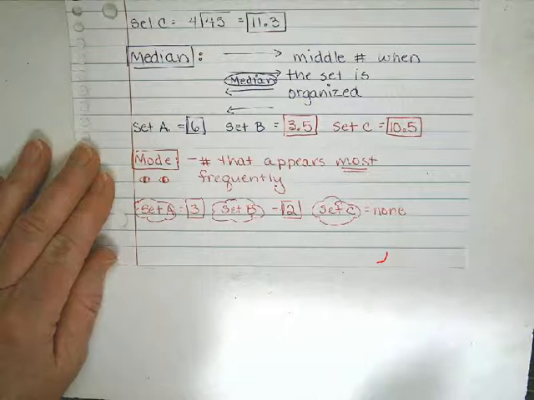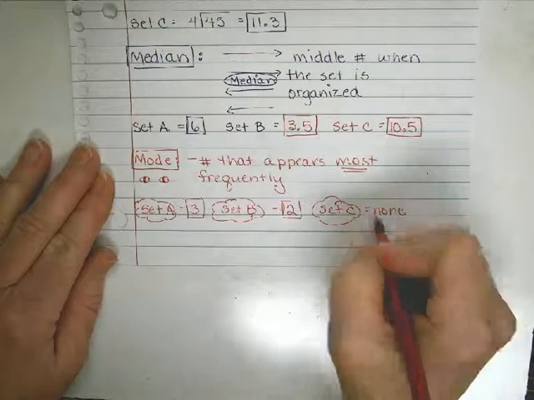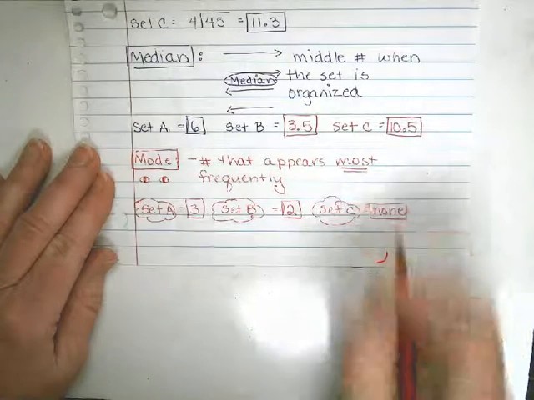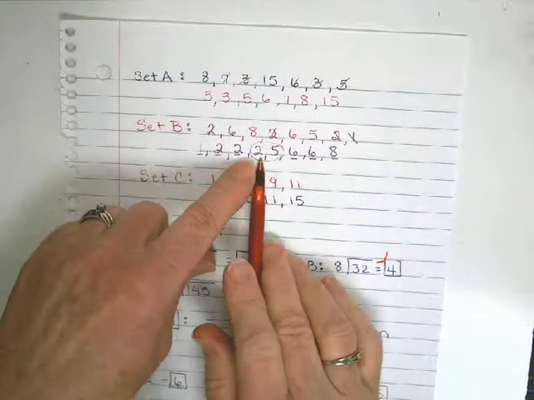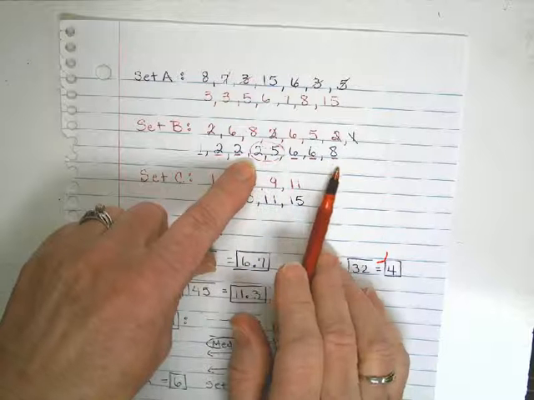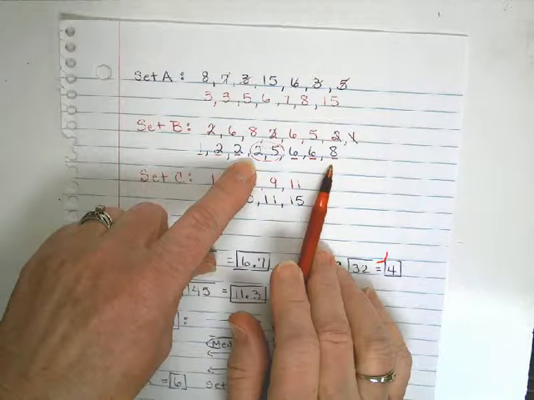Could there be more than one mode? What if in set B I would have had one less 2 and another 6? Then it would have been 2 and 6, wouldn't it? Okay. If everything appears twice, what do you think we would say?